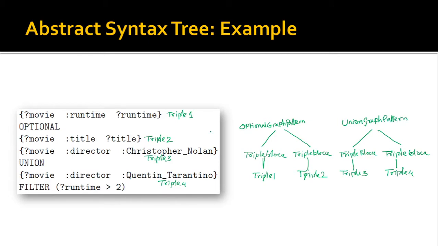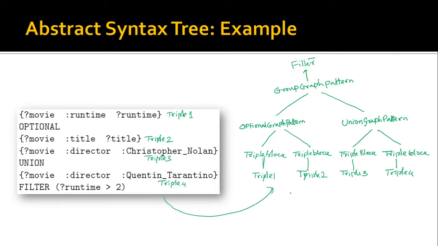Now these two are connected via, so these are now joined by a group graph pattern. And finally, we are applying a filter on this, a filter pattern. So you see that we are creating a tree out of this query.